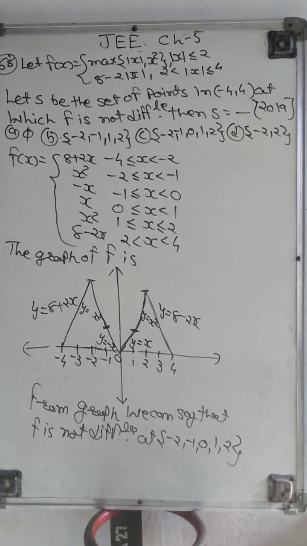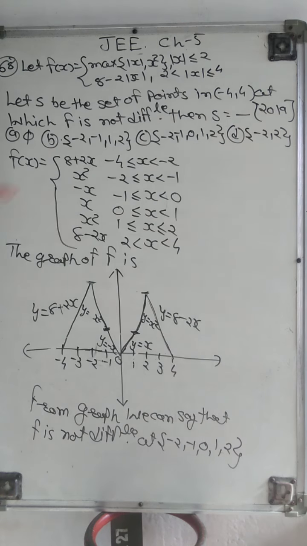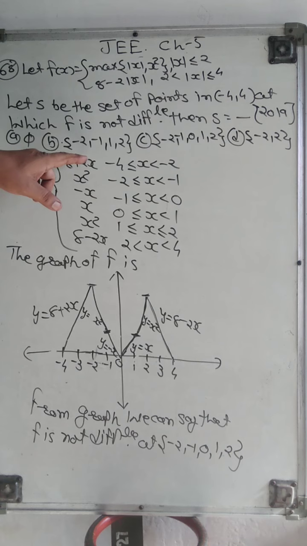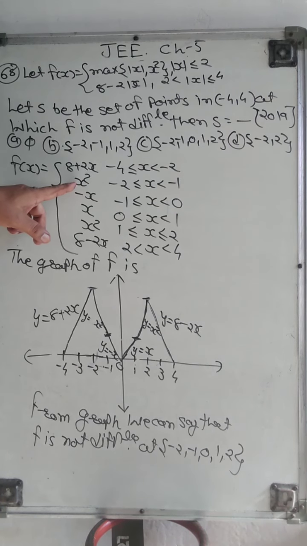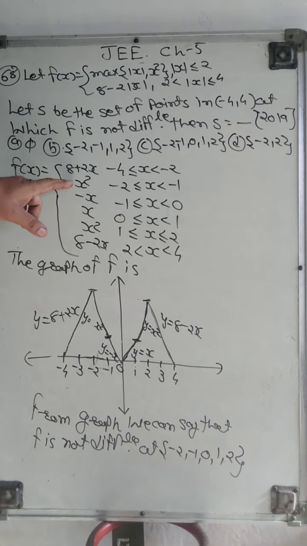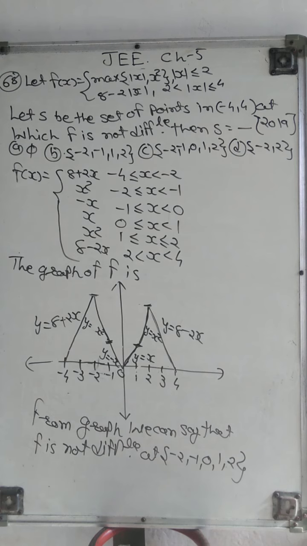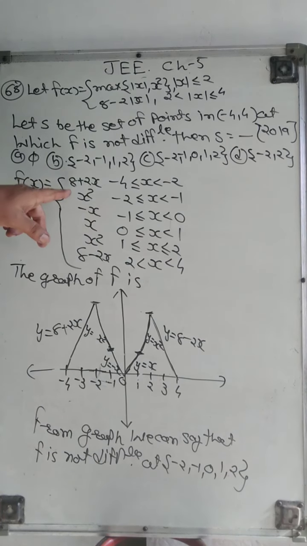In this sum, if we want to find according to the derivative, then first of all we take the left hand derivative of this function, which is 2, right? And the right hand derivative of this function at minus 2 is equal to 4, or minus 4.